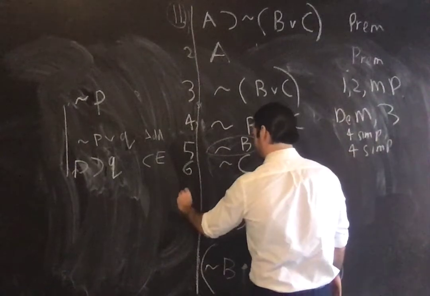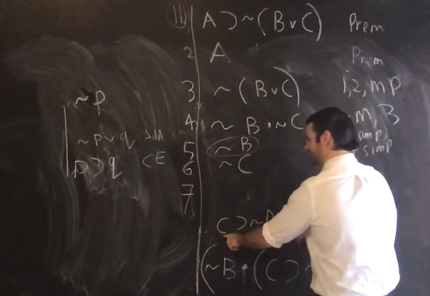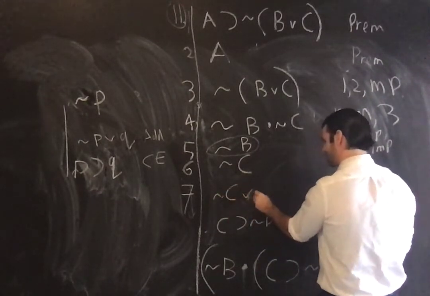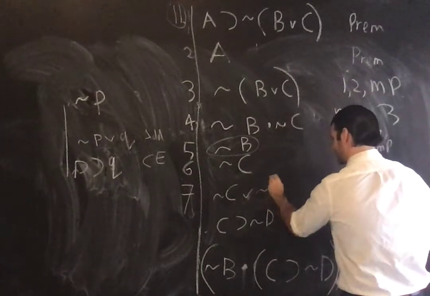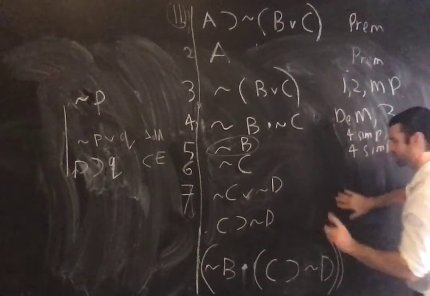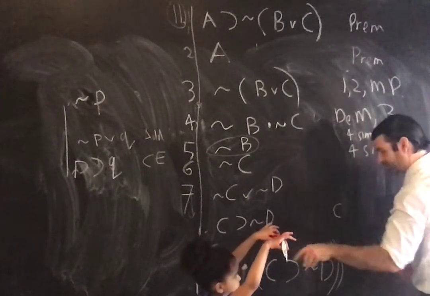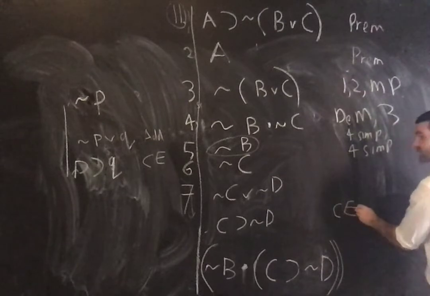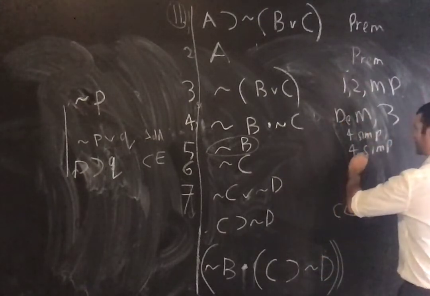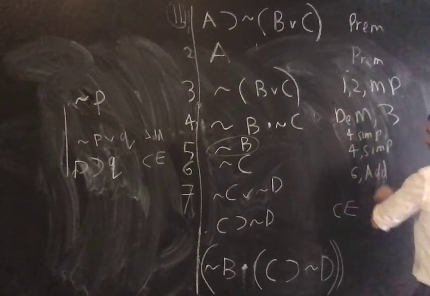Okay, so what is it? Step 7. I'm thinking this backwards, to be honest. By conditional exchange, not C or not D, right? So if I have that, then which one do you like better? This one. Conditional exchange, right? So how did I get from 6 to 7? That was the add. 6, add, right?